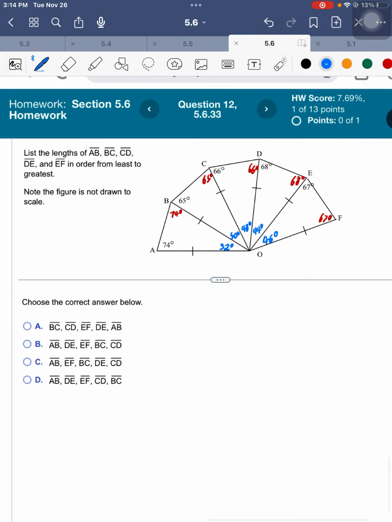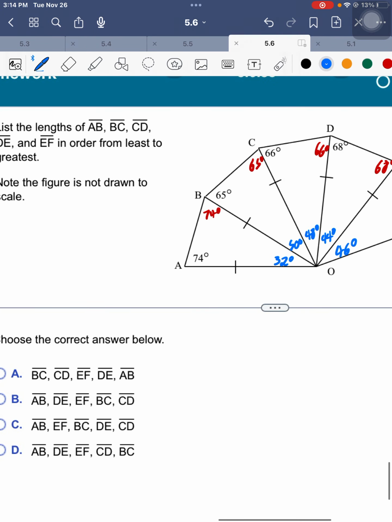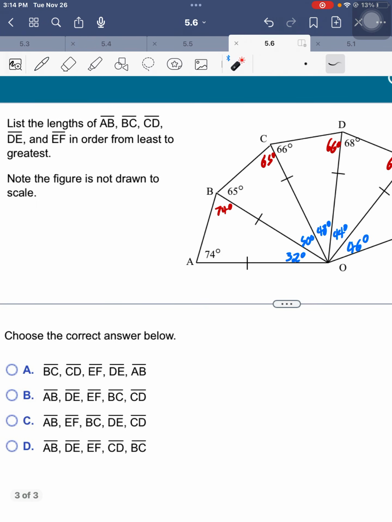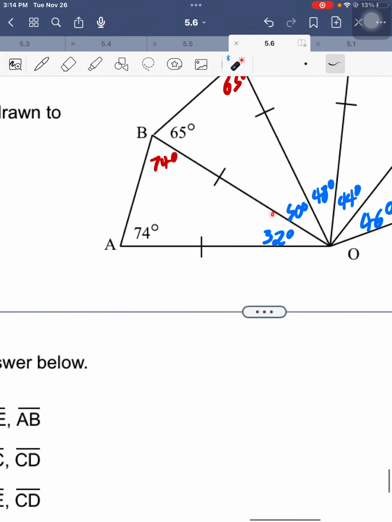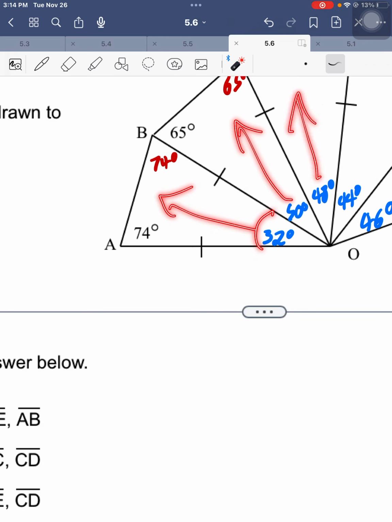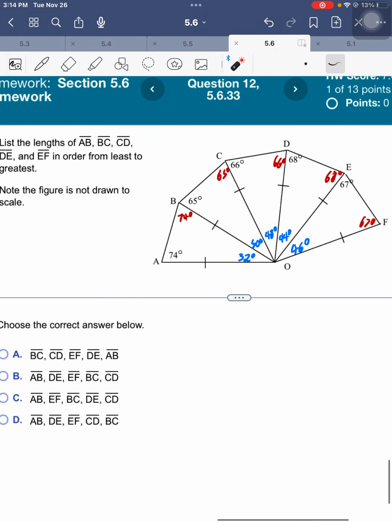Okay, cool. So now, can I make inferences about what the lengths of AB, BC, CD, DE, and EF are going to be? Yeah, I can now figure out which is going to be greater. This side, this side, this side, I can find out which side is going to be greater, because now I have an included angle, and that's going to tell me which of these side lengths is the longest and the smallest and all that stuff.